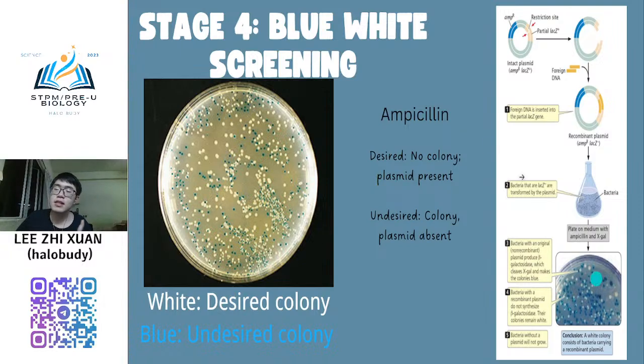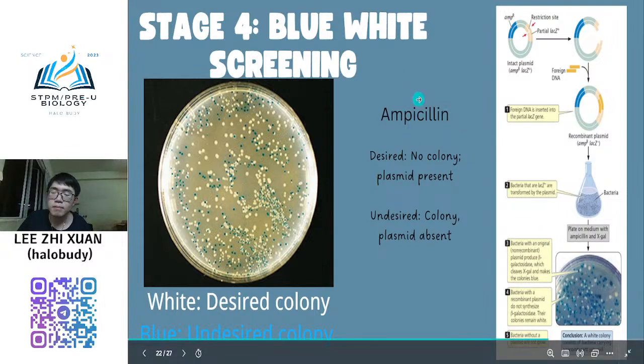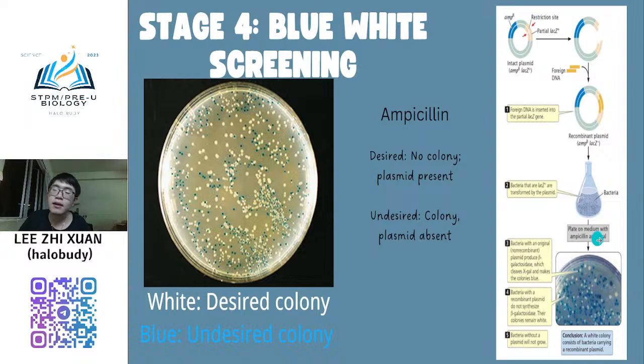The first substance is ampicillin, one type of antibiotic. Another substance is called agar. Agar and ampicillin. What are these two functions? These two substances are very important in the screening process. I go to the ampicillin first.